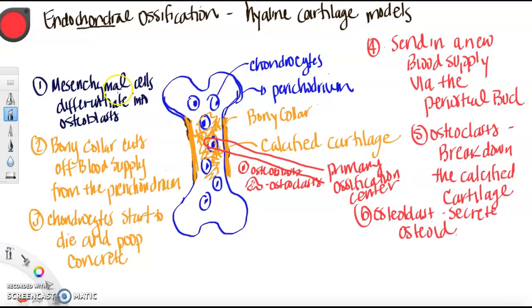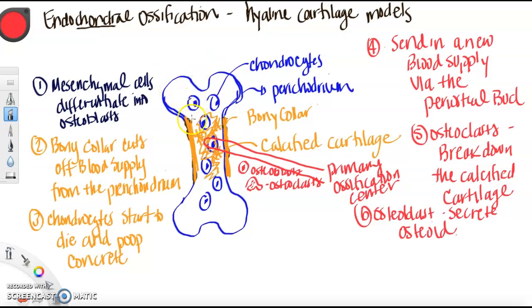So the bone is being made, and the osteoclasts are also breaking down some of the new bone in order to form the cavity in here, because there is a marrow cavity in the long bone. So what's left is a cavity, spongy bone, then at the periphery compact bone, and on the outside, periosteum, which is what's left of the perichondrium.